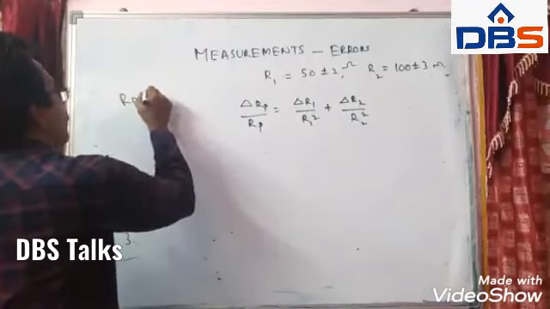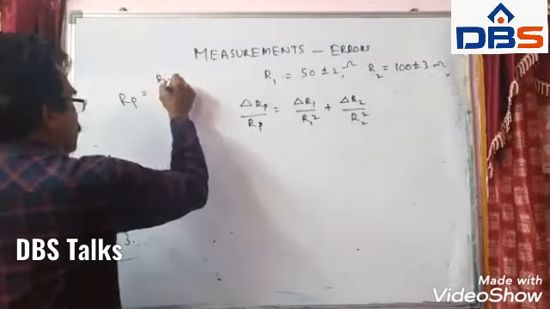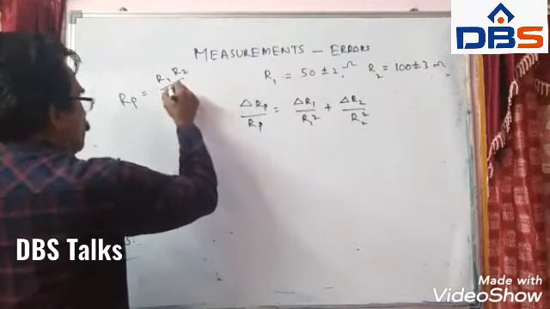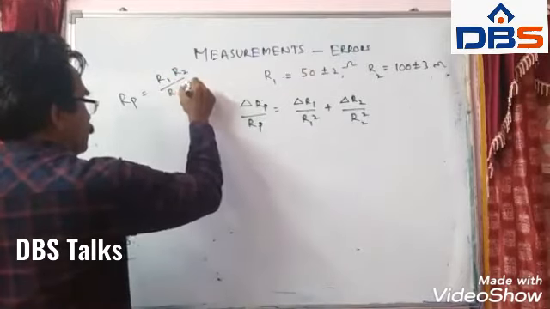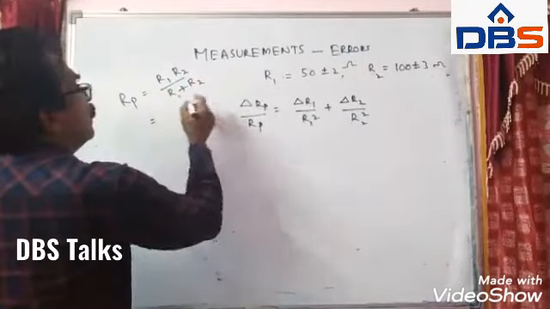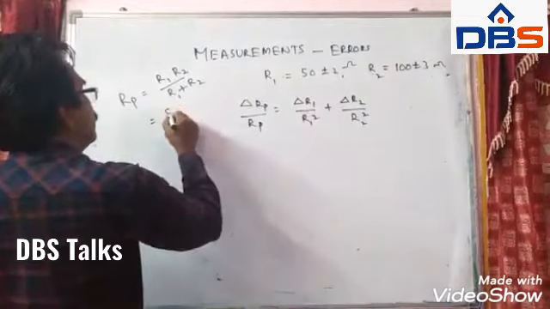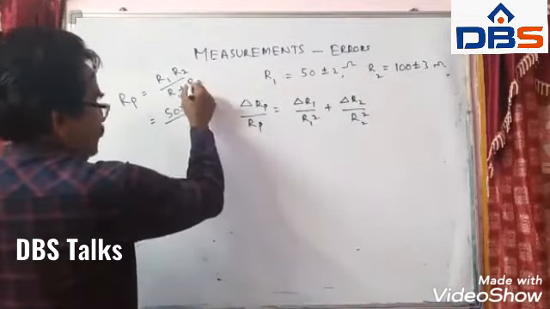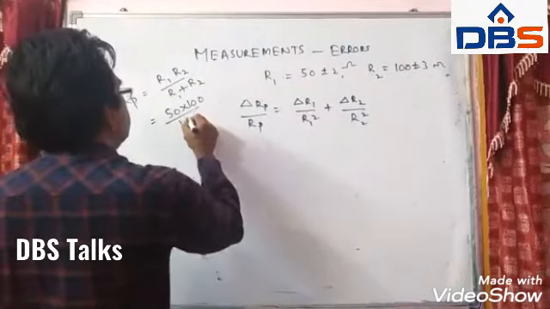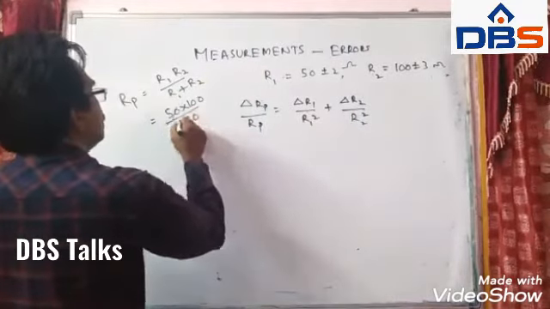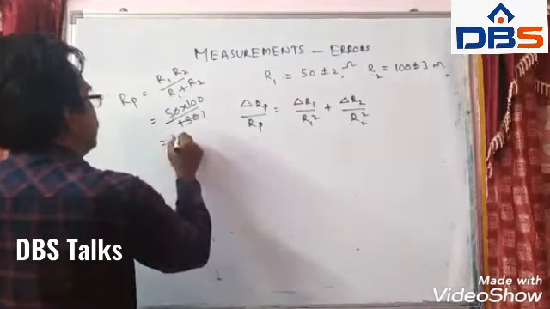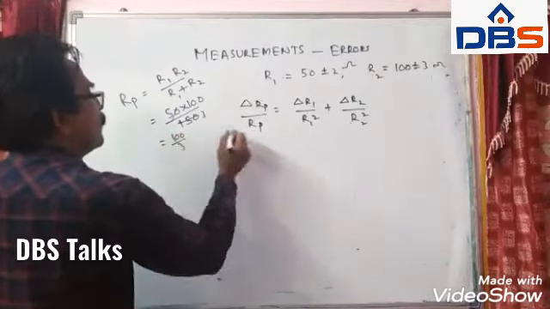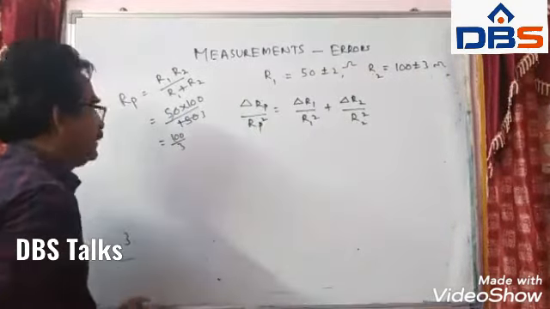RP, you know friends, is R1 R2 by R1 plus R2. 50 into 100 by R1 plus R2, 150. 50 3s, that is equal to 100 by 3.